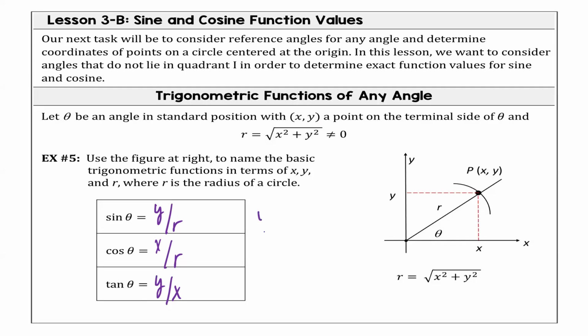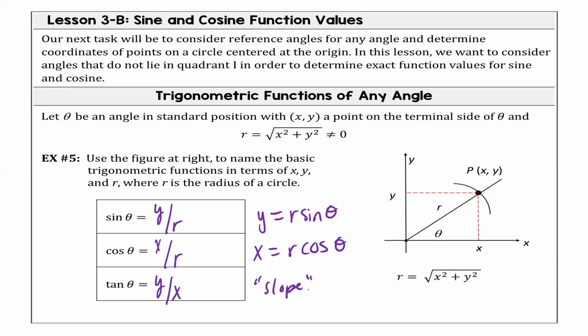So the rule is y equals r sine of theta. Your x equals r cosine of theta. And again, the tangent is still going to be y over x, aka the slope of the line.